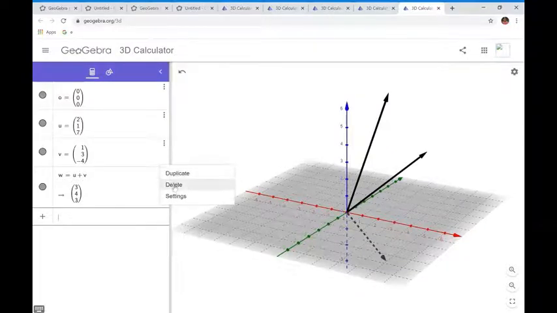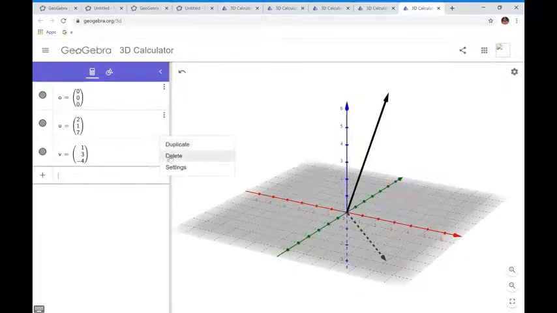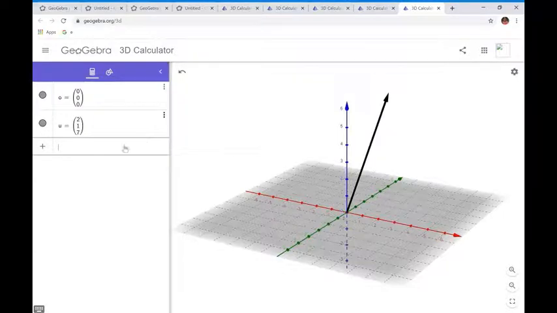Now let us see how the scalar multiplication will be even in this three-dimensional. So I got here (2, 1, 7). Let me take a scalar, suppose minus 2u. Let us multiply this vector u with minus 2.